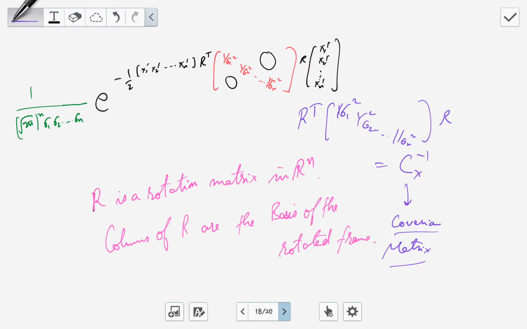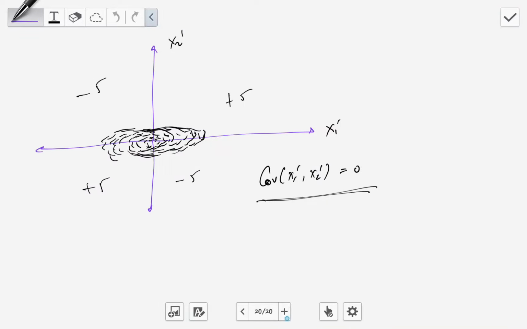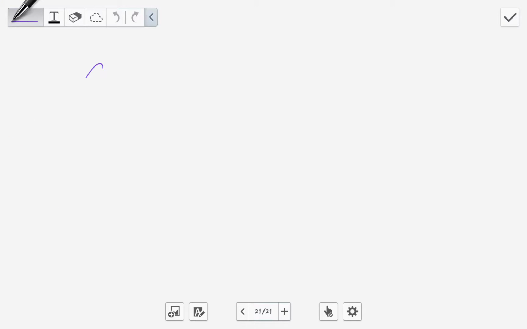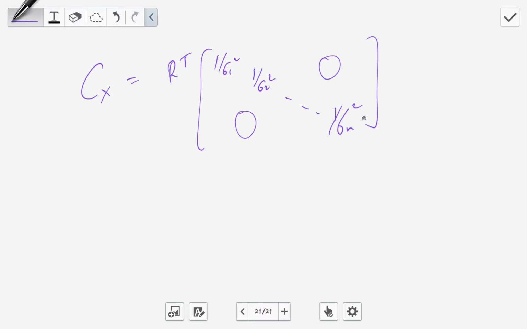Okay. So we have this Cx as R transpose or R inverse, anything is okay, times 1 by sigma 1 squared, 1 by sigma 2 squared, so on up to 1 by sigma n squared, 0 0, times R. Cx inverse. Okay.